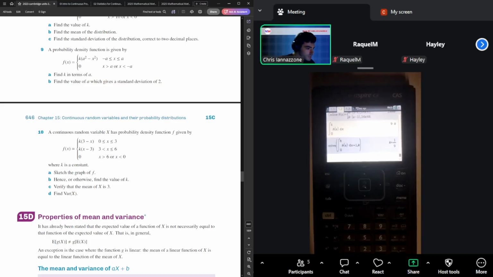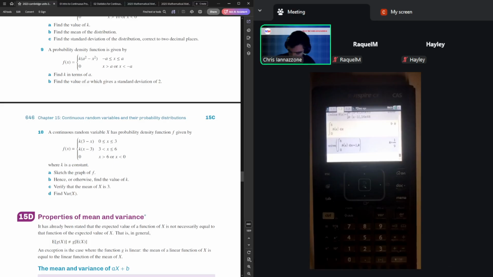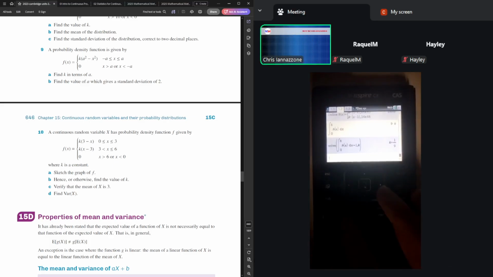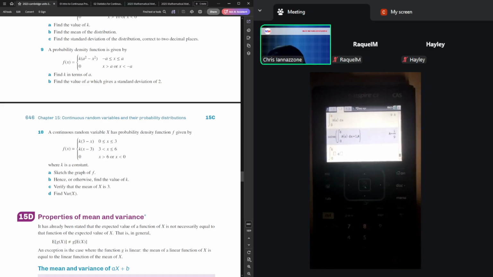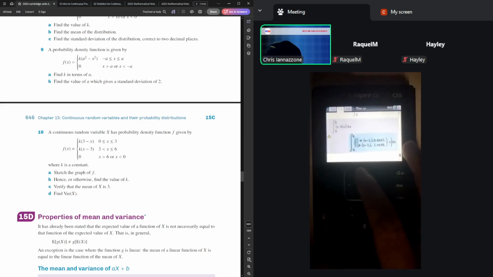So verify the mean of x is 3. This is the whole x times f of x thing. I wonder if this will break. So 0 to 6, x times function. Yeah, okay, that's not great.